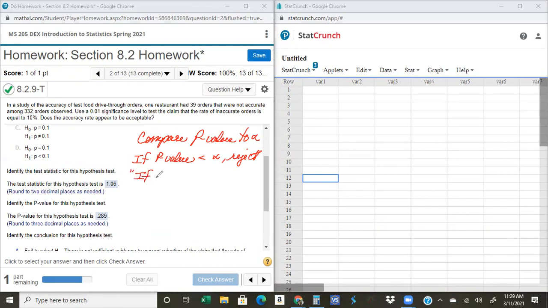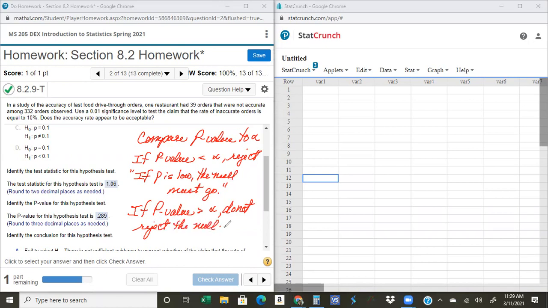They say it as, if the p is low, the null must go. However, if the p-value is greater than alpha, we do not reject the null.